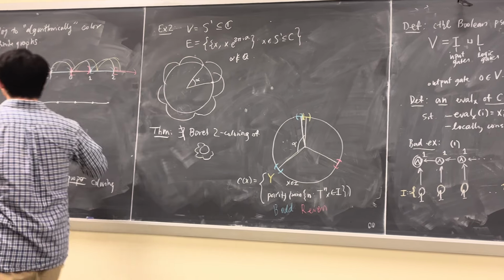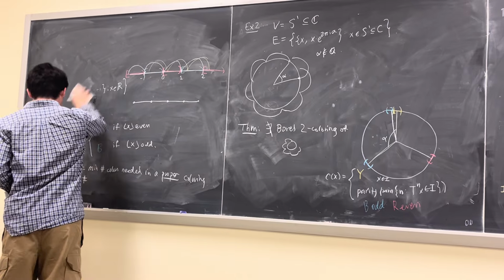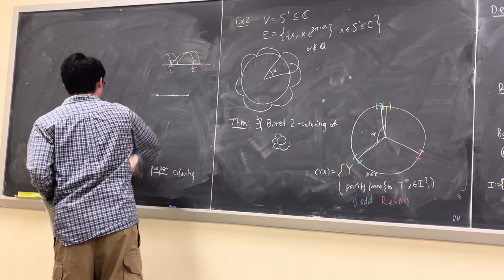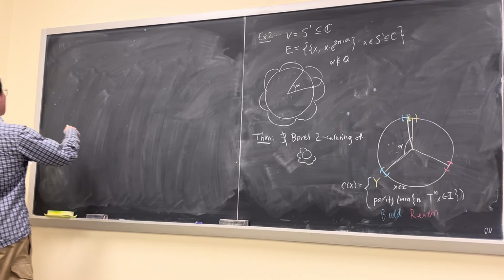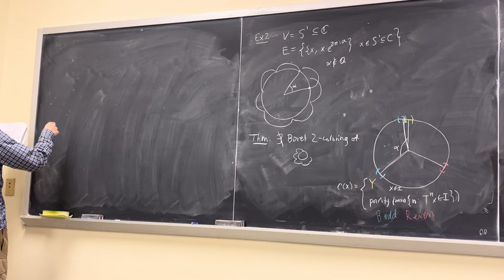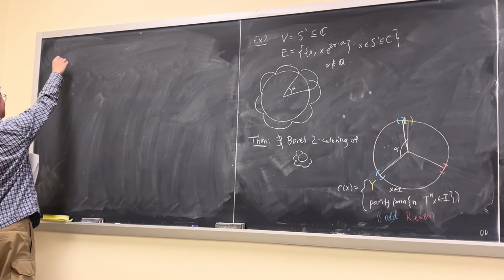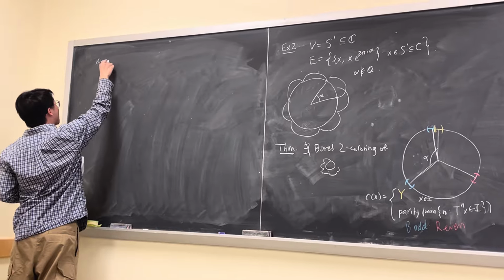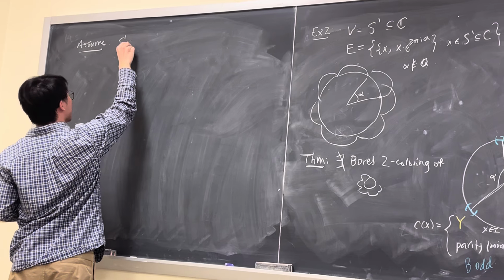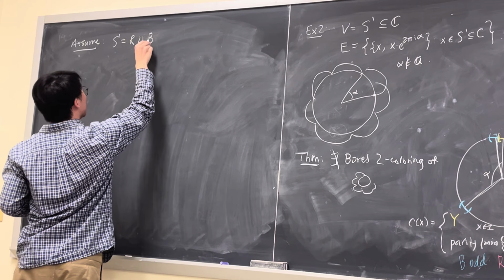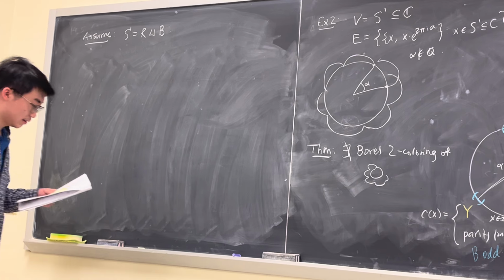So, I'll erase this slide. Okay, so assume that, in fact, I can break the circle apart into a red set and a blue set. Okay, and this is a proper two-coloring of this graph.